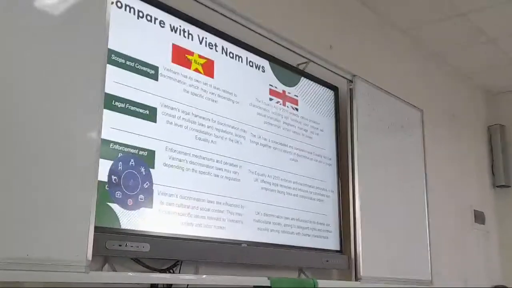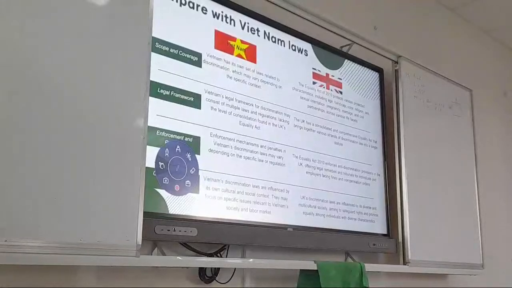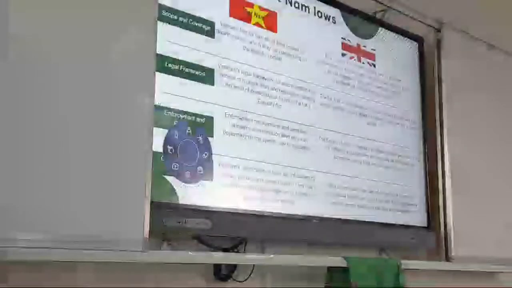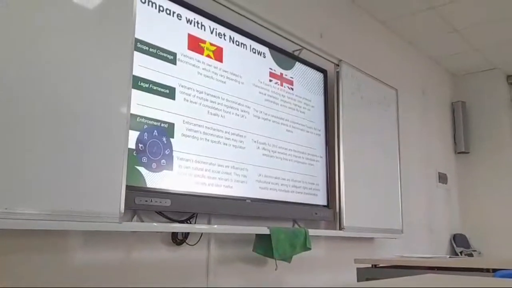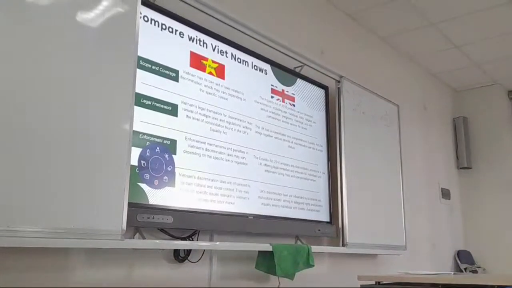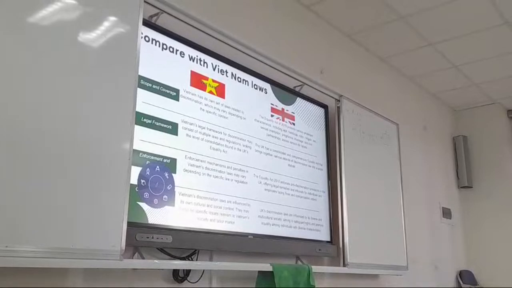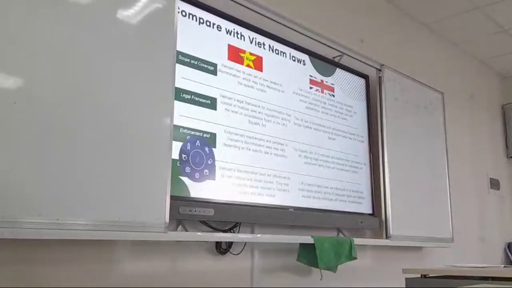Of lateral deformation, for example, may involve lateral expansion in density and administrative penalty. The last one is cultural and social context. In the UK, discrimination law is shaped by the country's cultural and social context, which includes a different and multicultural society.